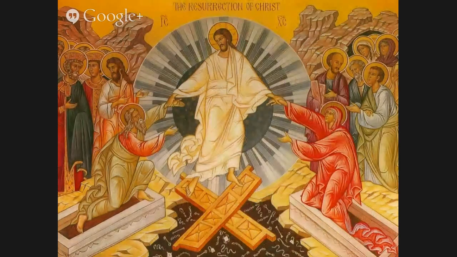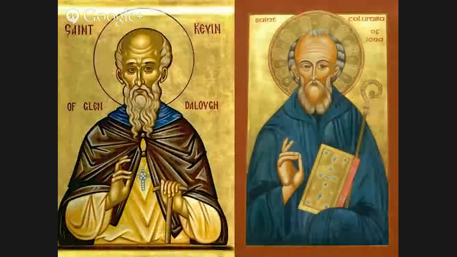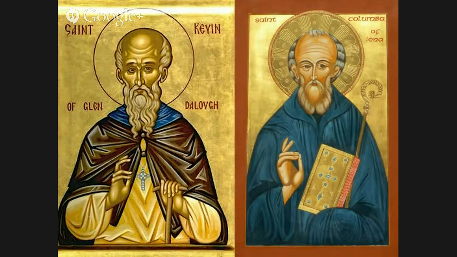So you can see more in the examples of different styles. And I don't have the citation of this one, sorry. I use these because you can really see some of the exaggerated features of the saint. So we've got St. Columkill on one side and St. Kevin, my patron, on the other side.